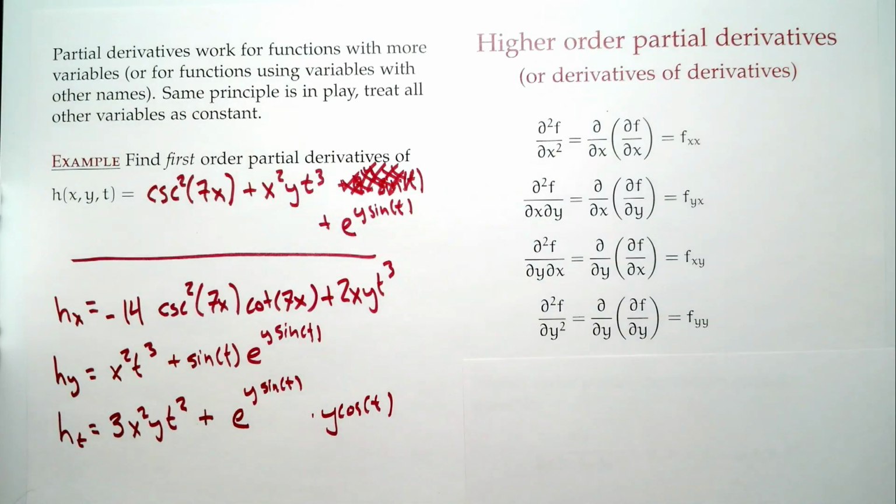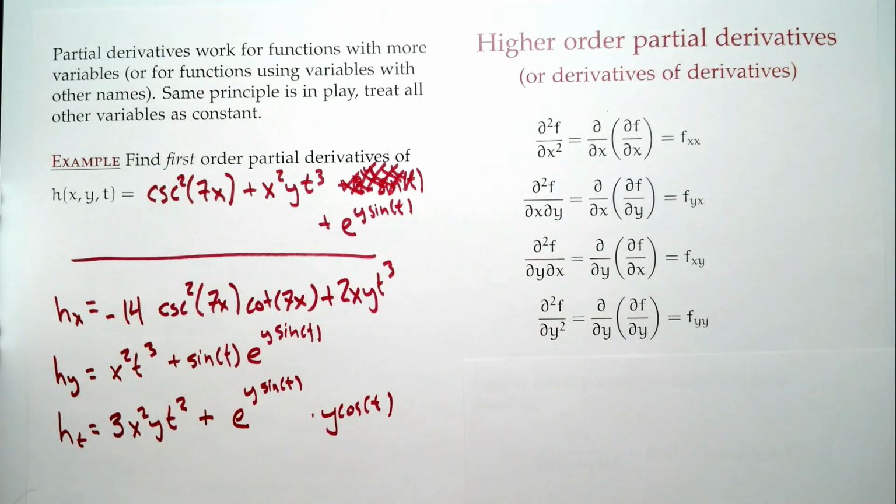All right. Now, we were asked, what about higher order partial derivatives? These are really derivatives of derivatives. And we can go as far as you want. So if I have a function f of x, y, there are 4 second order derivatives. Second order means I took 2. And I'm listing them all, and I'm showing you the various notations.